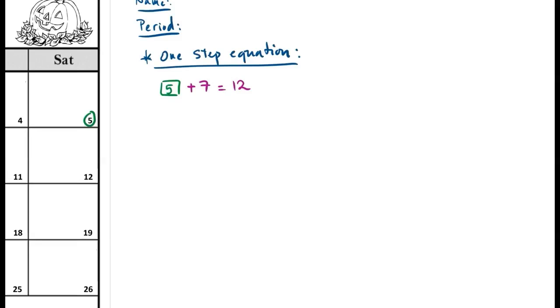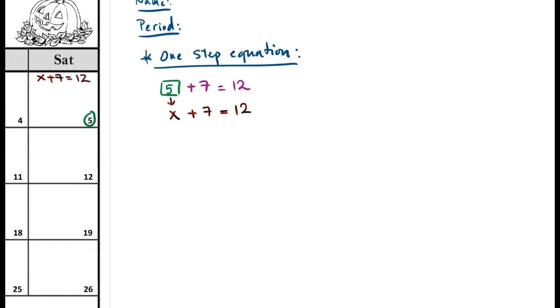Now we're going to turn this into a problem. You turn the 5 in the box into x plus 7 equals 12. That will be the problem in the box. Then all we need to do is solve for x.